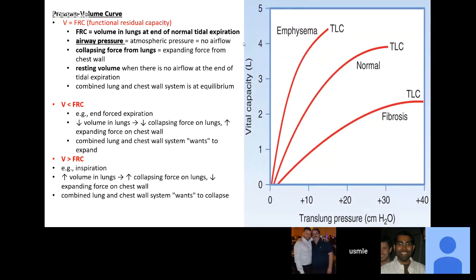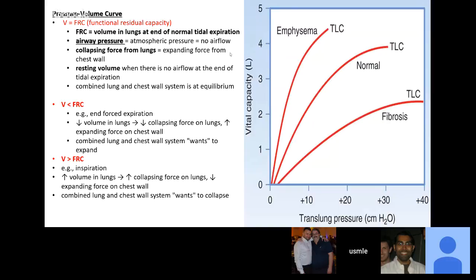So remember, by definition, the functional residual capacity is the volume that you're going to find in the lung at the end of normal tidal volume. So it means it's a volume that is going to be constant, that is going to be there. Do not confuse it with the dead space, because it looks like dead space. It's something that is going to move, but it's going to stay as well at the end of normal breathing.